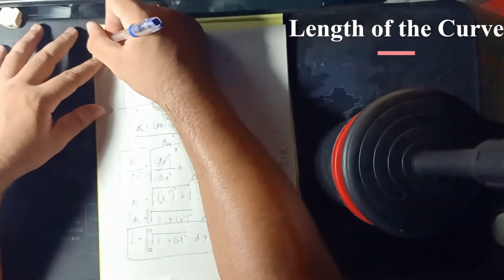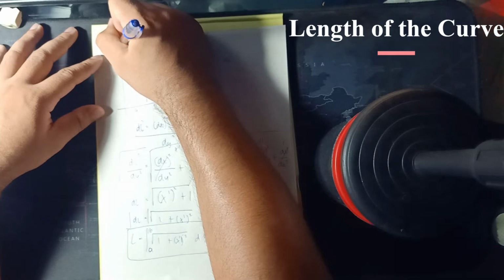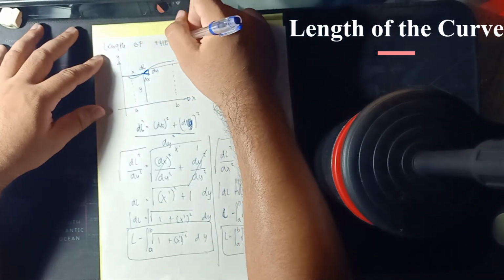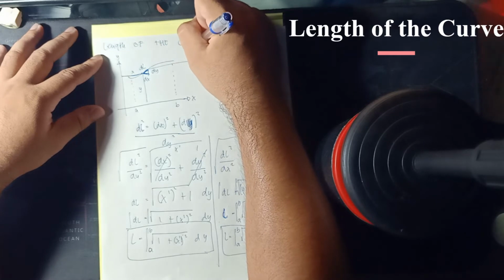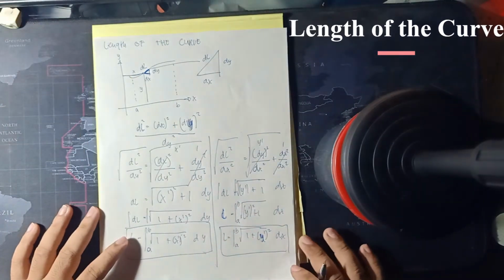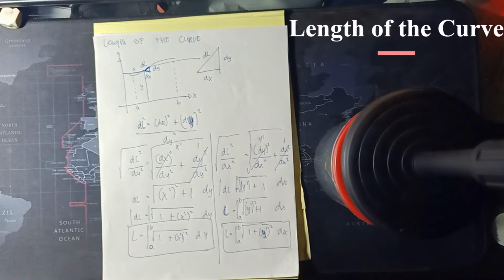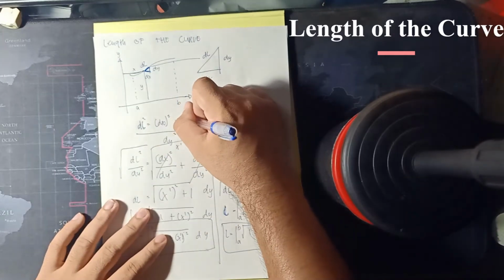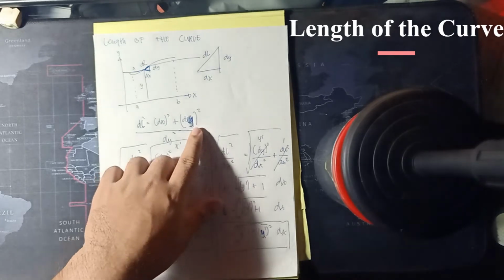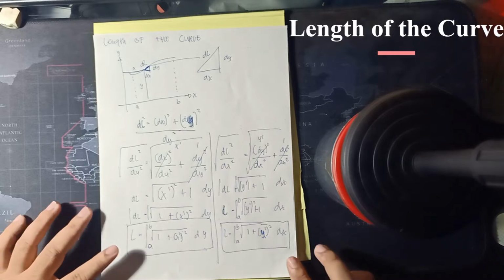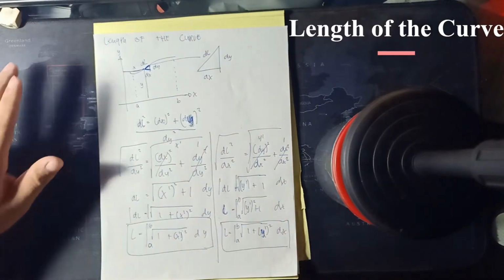So this is for the length of the curve. You could take a screenshot or a picture of it so you can copy it first. And this is also your y. Sorry for my bad writing, I don't have any whiteout anymore.